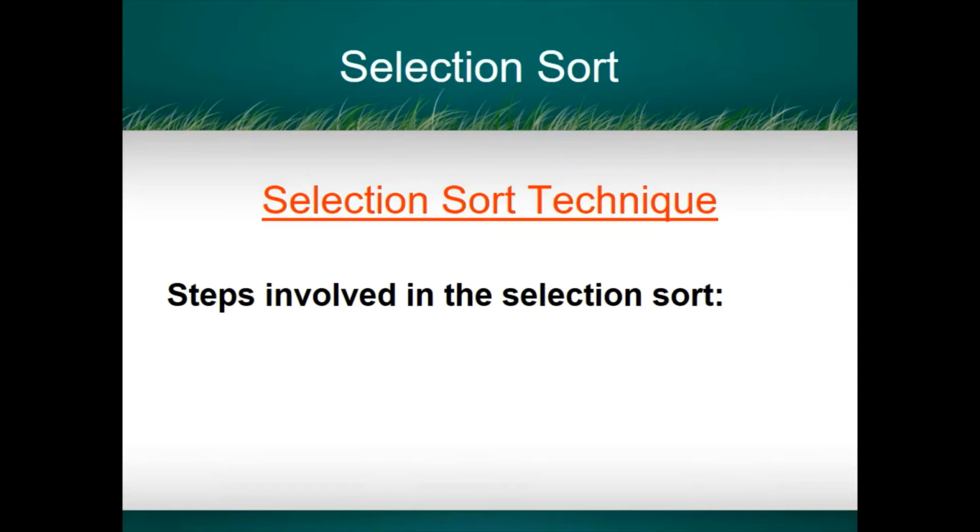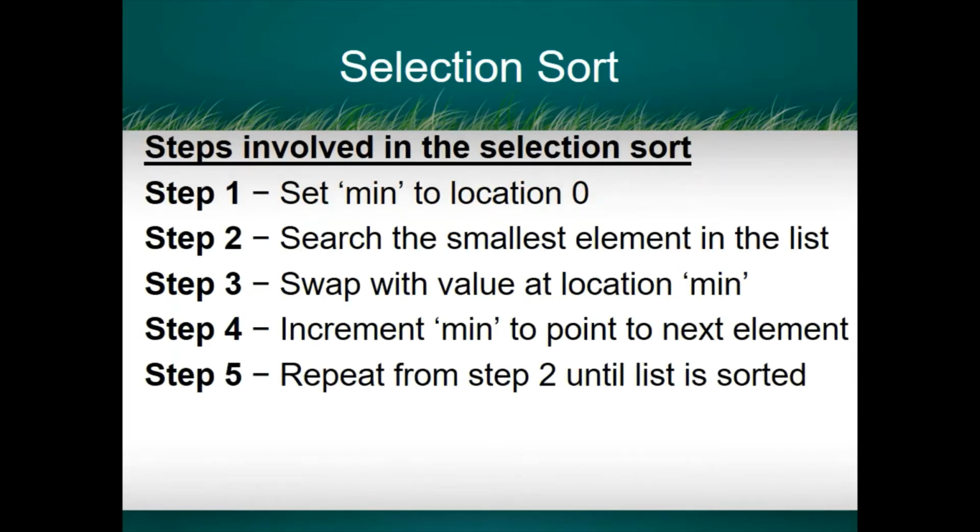Now let us see how this selection sort works. Initially declare a variable and you can name it min or any other name, and initialize it with 0 because we know that array index always starts with 0.